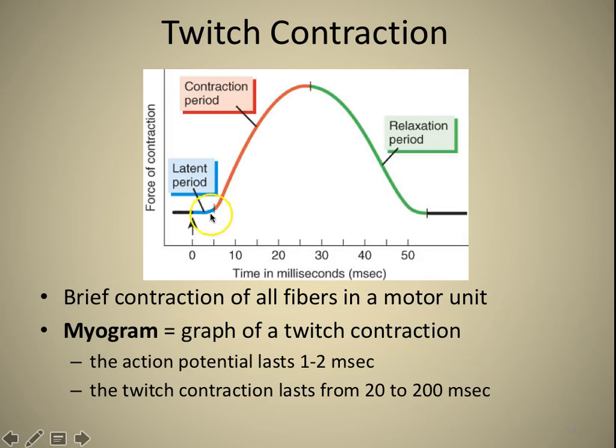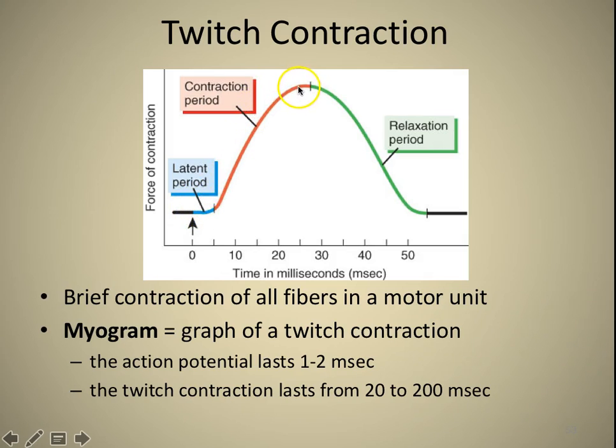Now, it doesn't take very long. If you look, it's maybe 5 milliseconds, 5,000ths of a second, less than the blink of an eye. However, there is some small delay from the time that you send the signal, hey, muscle contract, to the time that it actually starts to contract. But once that signal goes, all the fibers in that motor unit will contract.